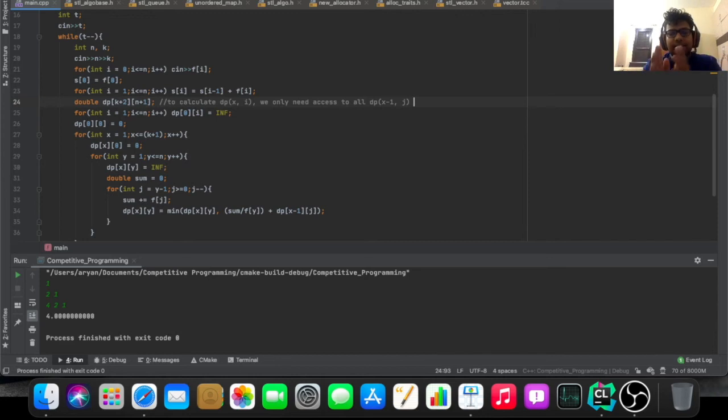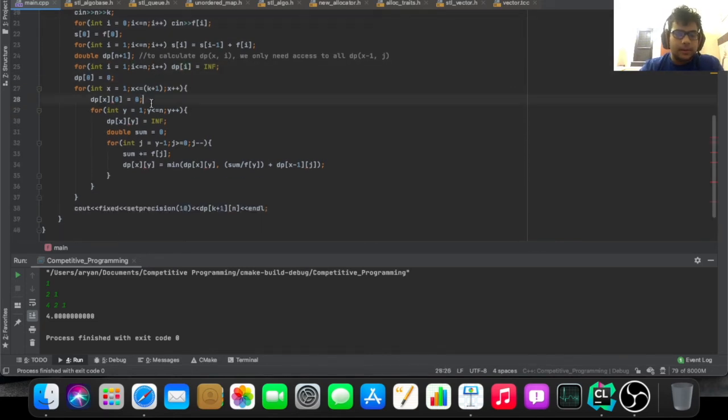So to calculate one layer of dp, we only need access to the previous layer. All the other layers are useless. So how this helps us is that we don't need to store all k plus 2 ones, right? At one time, all we need to do is store a single dp. So we can remove that dimension and reduce the space complexity a lot. And we can remove the second dimension from everywhere.